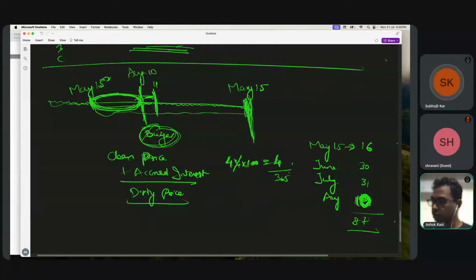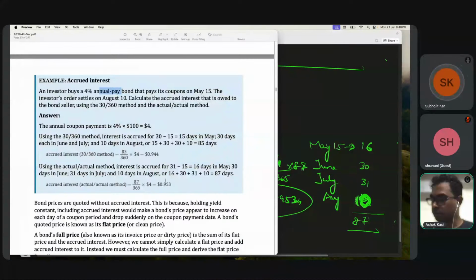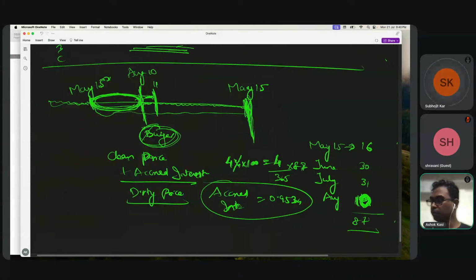4 is for 365. How much will it be for 87? Calculate this. It is 0.9534. This is the accrued interest. Our face value is also 100 only, no?